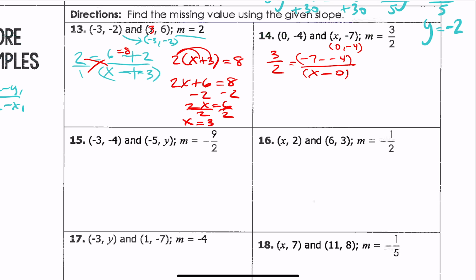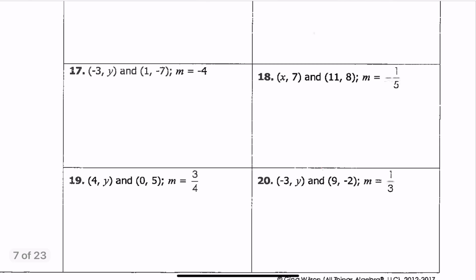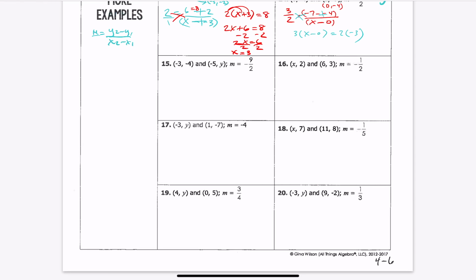So when you have a fraction, it's not that big a deal, because when you do your cross products, you're going to do 3 times x minus 0 equals 2 times negative 7 minus negative 4, which is going to be negative 3, and you're going to solve from there. So you should be able to work on those, and that is your slope formula notes.